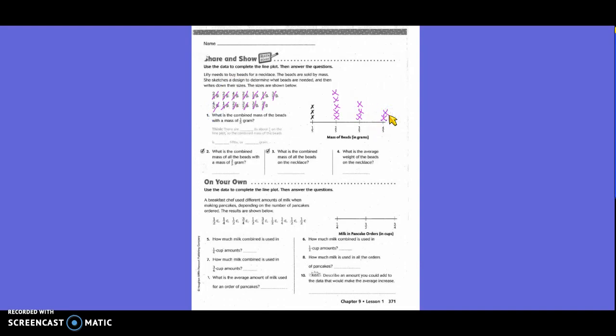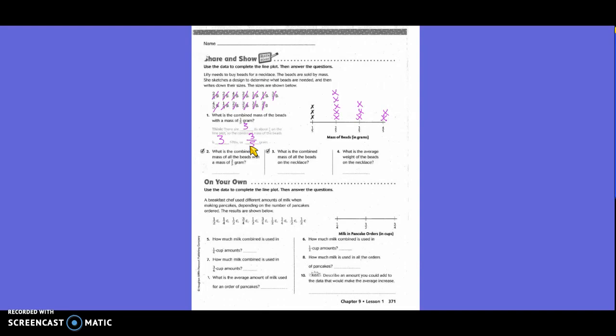Now, what is the combined mass of the beads with a mass of 1/5 grams? So how many X's did we have for 1/5? 3. There were 3 X's above 1/5 on the line plot. So the combined mass of the beads is 3/5, right? Grams. What is the combined mass of all the beads with 2/5 grams?